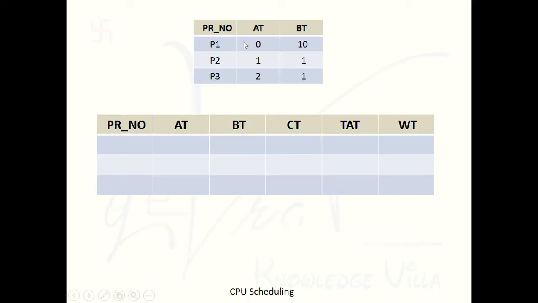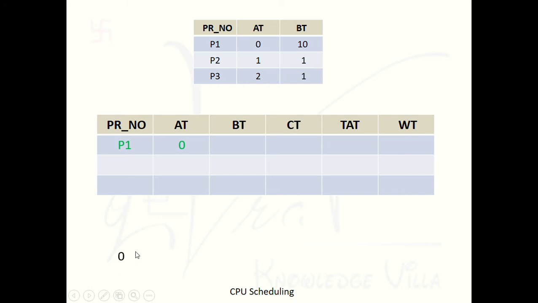Let's start calculating, and we will first draw the Gantt chart for our processes. We always start our Gantt chart at time unit 0. First, the CPU will be allocated to process P1. Why? We are following the shortest job first algorithm, so we allocate the CPU to the process with the smaller burst time.